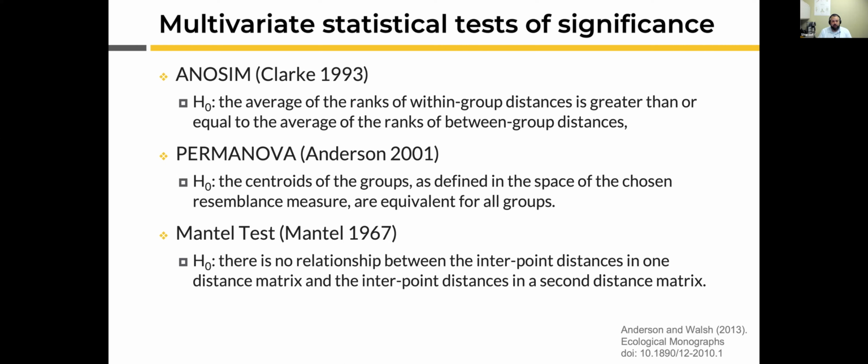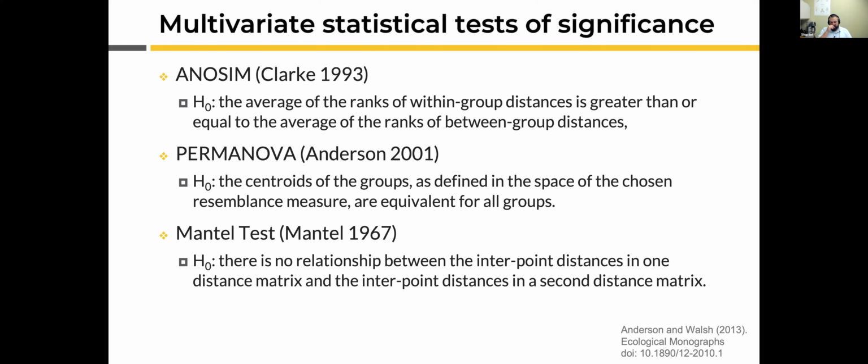And as I said, PERMANOVA is nice because of the three of these, PERMANOVA can be used as a group-wise comparison. PERMANOVA stands for permutational ANOVA. And so as with the original ANOVA, it is a group-wise test, but it can also be used as a post hoc test.